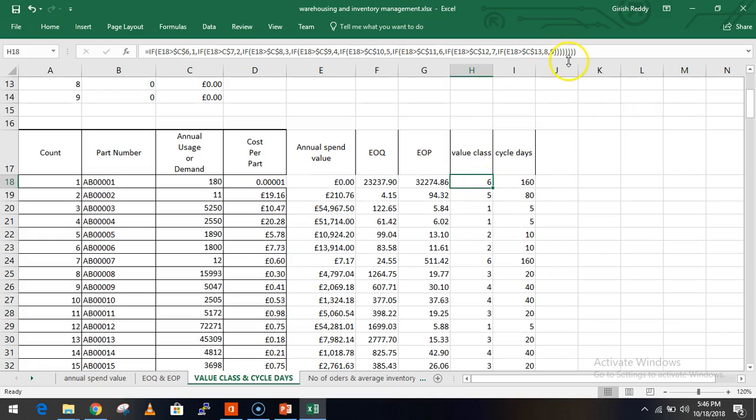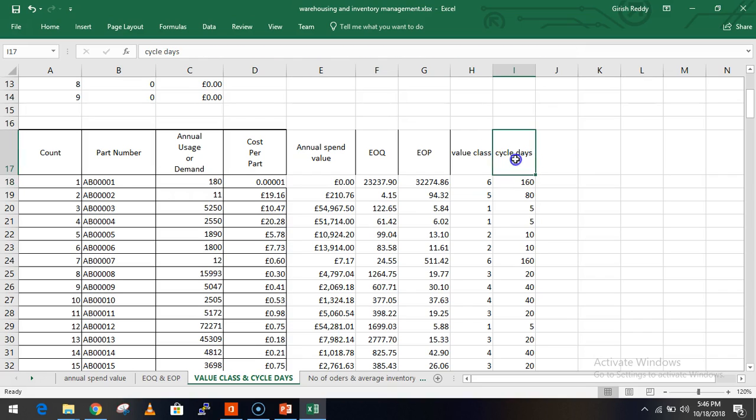The formula that I have used for the value class is this one. It looks big, but we need to enter it, otherwise we won't get the proper value class. Once you get the value class for the first one, just drag it down, so you will be getting the value class for all the parts.